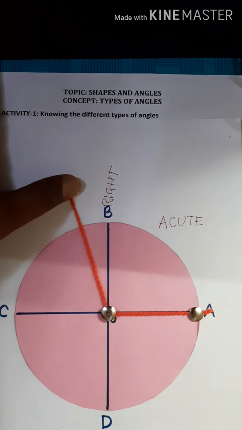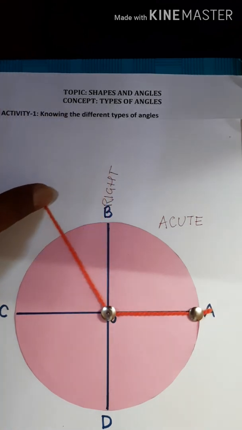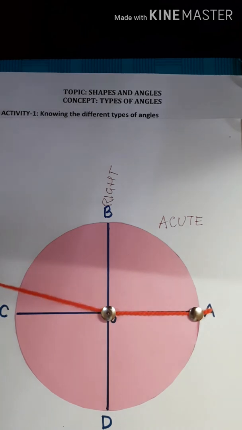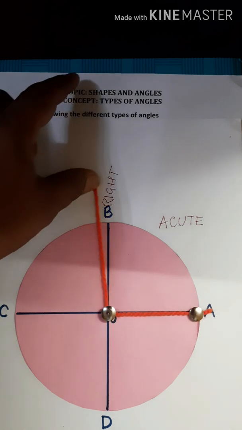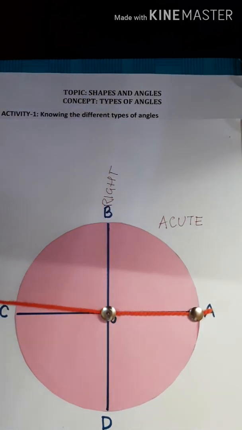So an obtuse angle ranges from 90 degrees to 180 degrees. That is from 90 degrees onwards till 180 degrees, till here. We call it an obtuse angle.